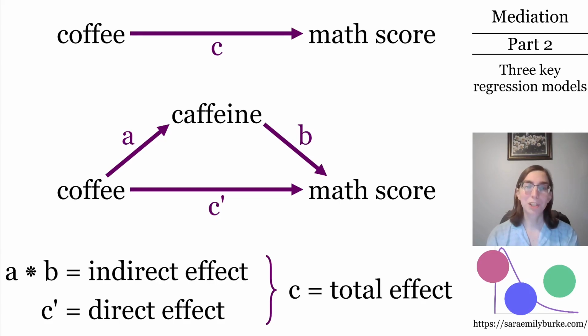So another way to think of the indirect effect is this. It's how much smaller the direct effect is compared to the total effect, how much smaller the coffee test score differential gets when we take out what portion is explained by caffeine. But this way of thinking about the indirect effect really only makes sense if it is in the same direction as the total effect.